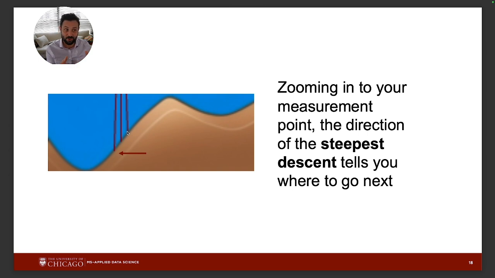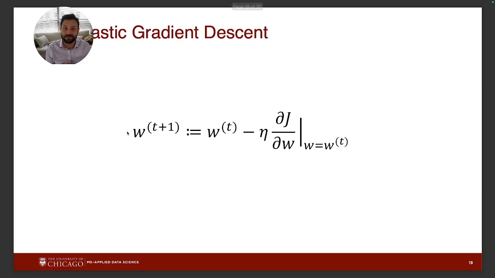So when I zoom in, although the bottom of the lake is weird and multidimensional, not convex, not at all, when I take the derivative at the point that I'm measuring, at least it can tell me where I should go for a better measurement. And then I go. So here we go.